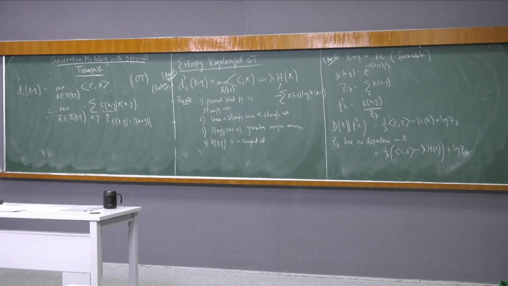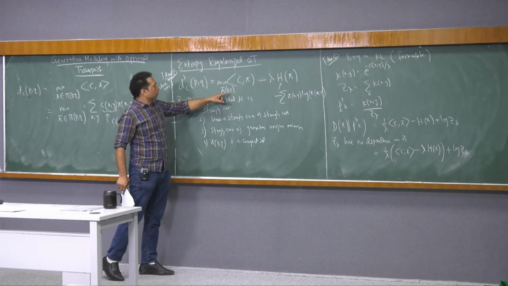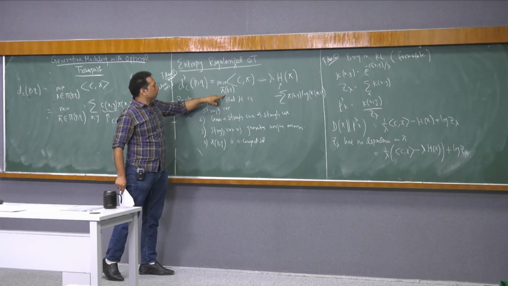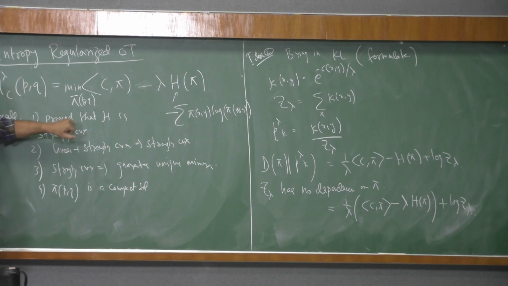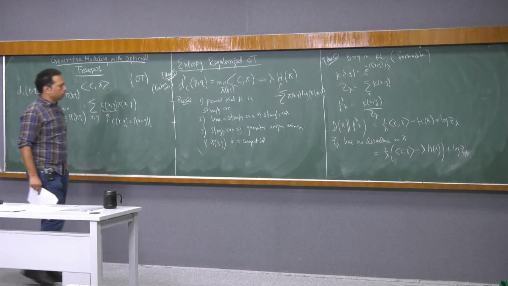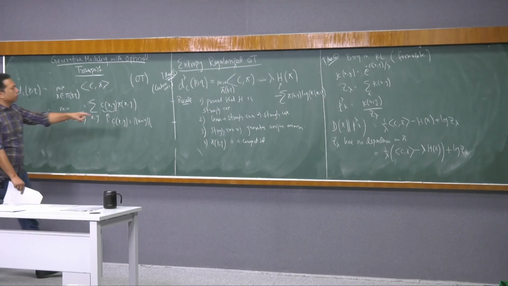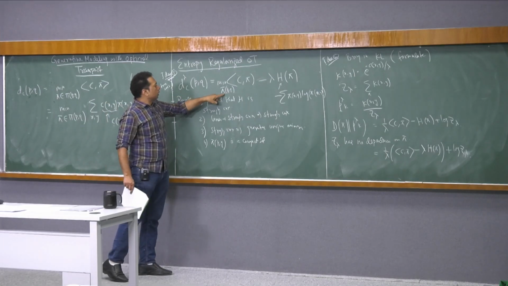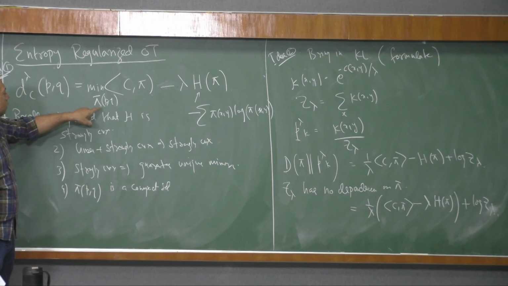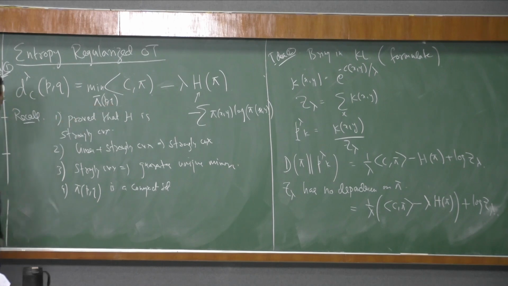Then the third idea is kind of an algorithmic idea. The third idea says that I'm looking for joint distributions whose marginal along one dimension x is p, and along another dimension is q. This is now an algorithmic problem in the sense that I can see the set of distributions pi p q as the intersection of the set whose marginal is only p and the set whose marginal is only q.